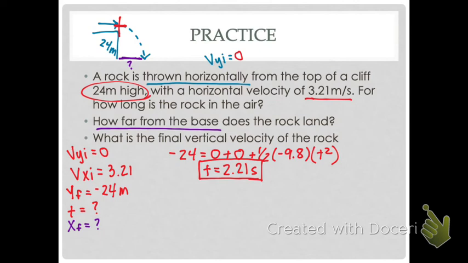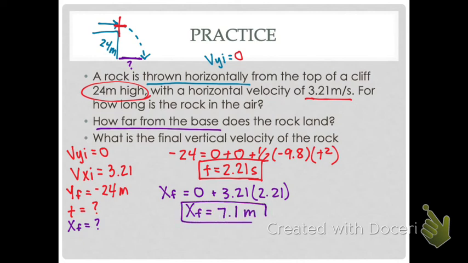I think my second horizontal equation will work, right? X final equals X initial, which we always know is 0, plus Vxi times t. That gives me an X final of about 7.1 meters.